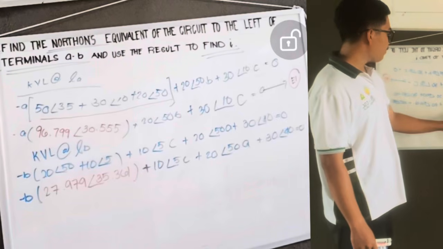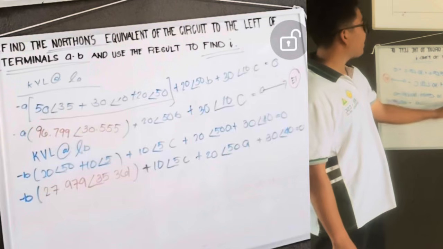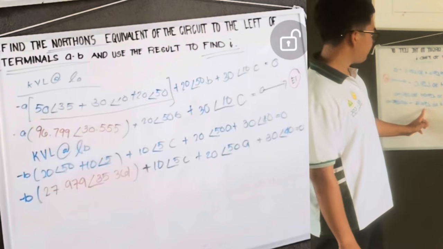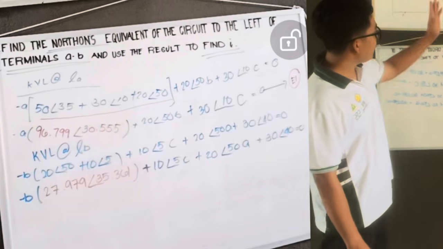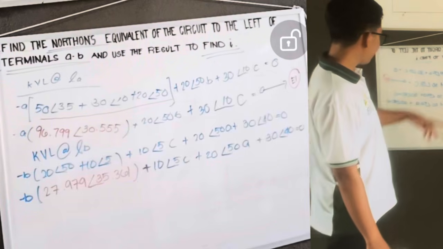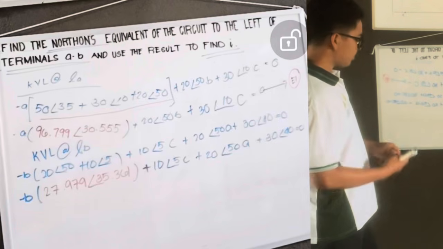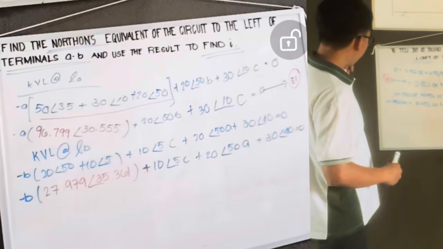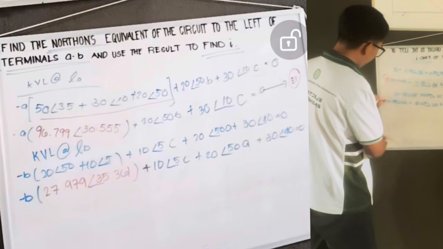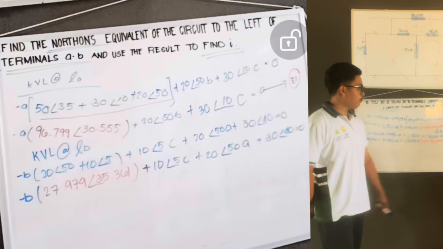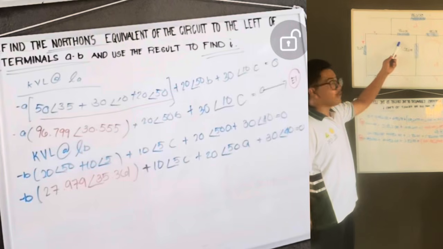Now, plus 10 angle of 5 times C plus 20 angle of 50 times A, plus 30 angle of 40 is equal to 0. Now this will become our equation 2.